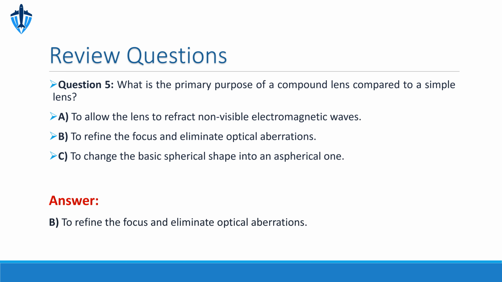Compound lenses correct for these imperfections. While option A describes a capability of some lenses, it is not the defining purpose of a compound design. Option C describes a technological advancement, aspheric lenses, but is a separate concept from the fundamental purpose of combining multiple lenses into a compound system.